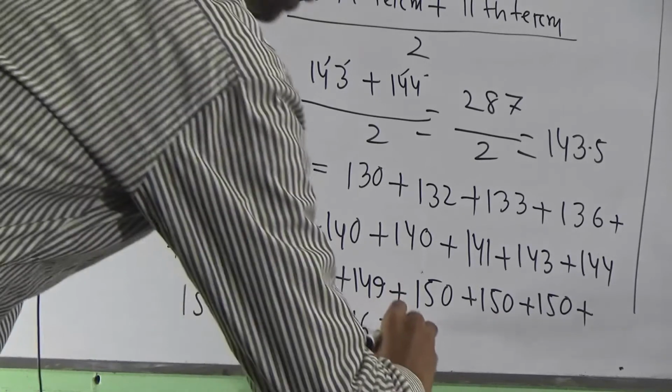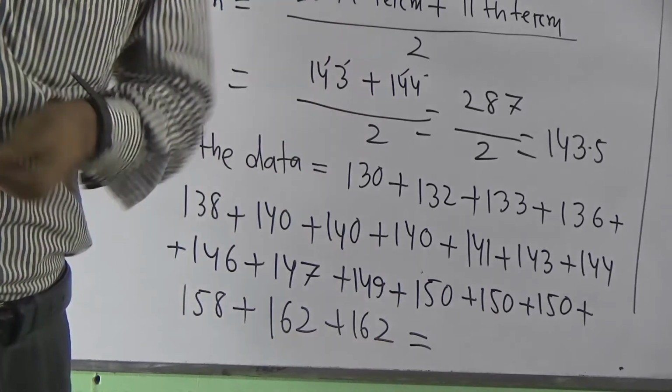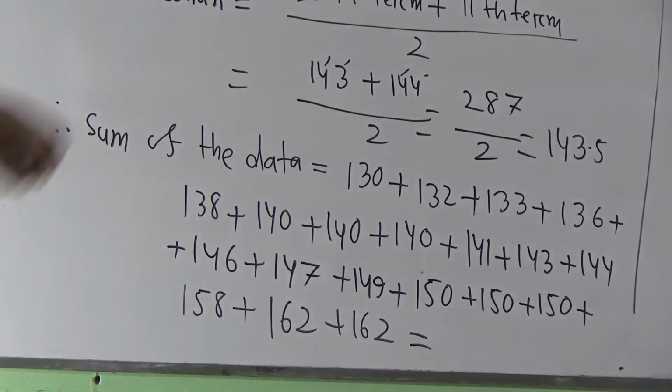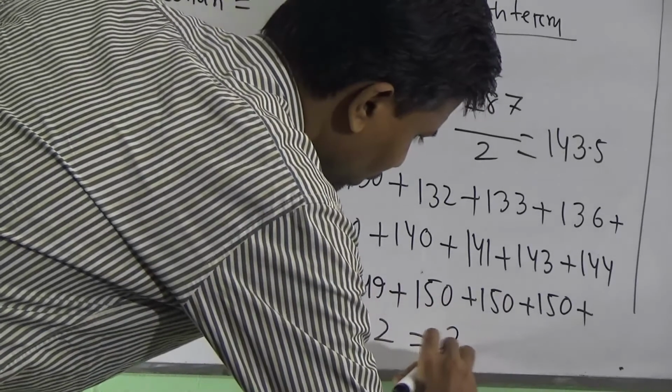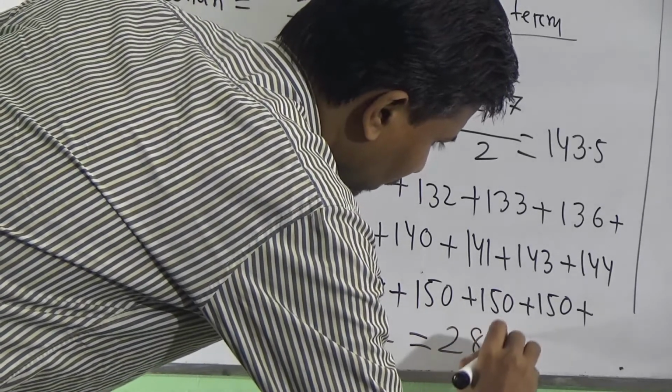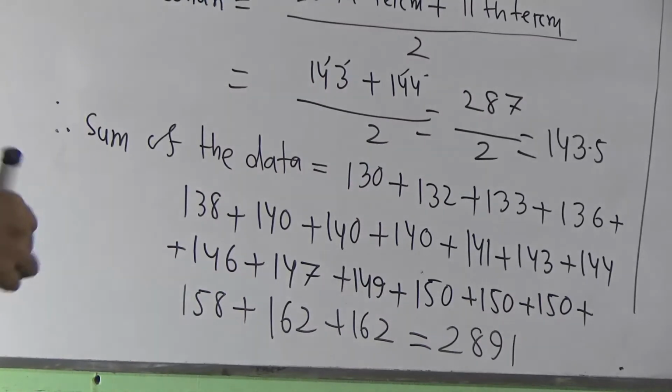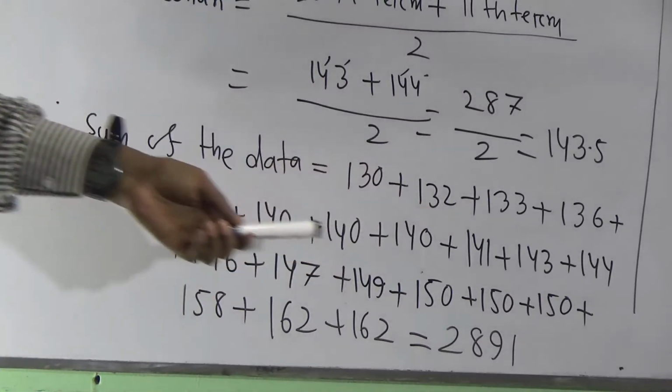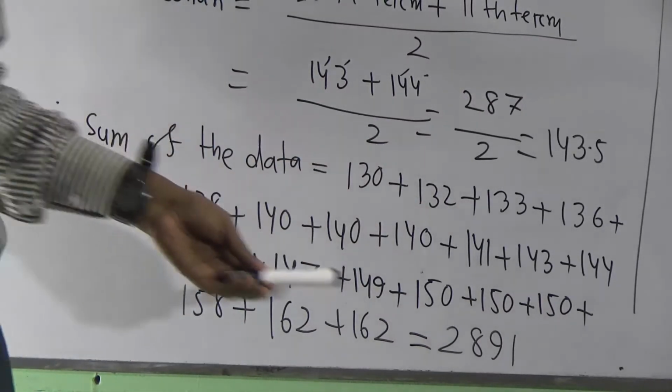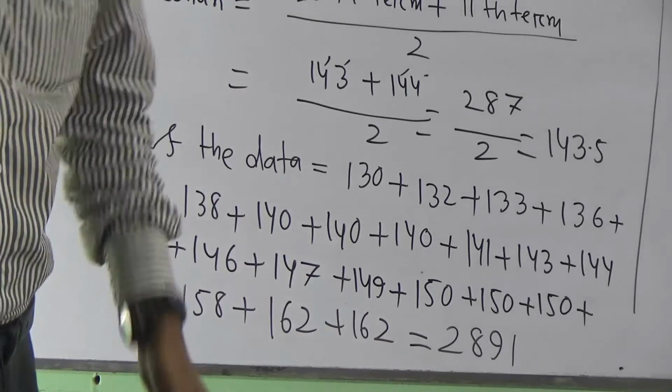Okay, now you have to add. After adding this we have got 2891. Yes student, we add with any simple calculator, then we get 2891.